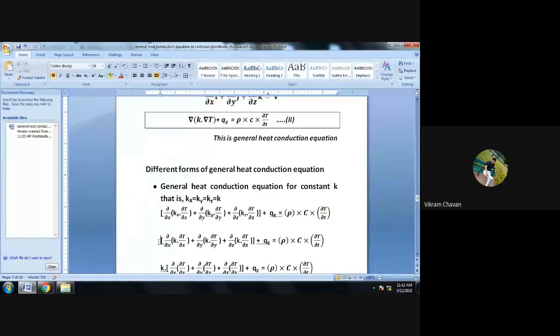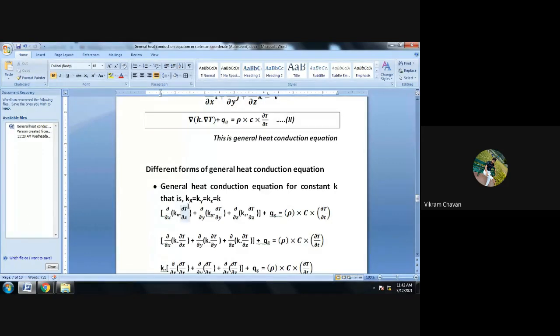We get the equation: partial differentiation with respect to x of k multiplied by partial differentiation of T with respect to x, plus partial differentiation with respect to y of k multiplied by partial differentiation of T with respect to y, plus partial differentiation with respect to z of k multiplied by partial differentiation of T with respect to z, plus qg is equal to rho multiplied by c multiplied by ∂T/∂t, that is, rise in temperature with respect to change in time. We have done this.